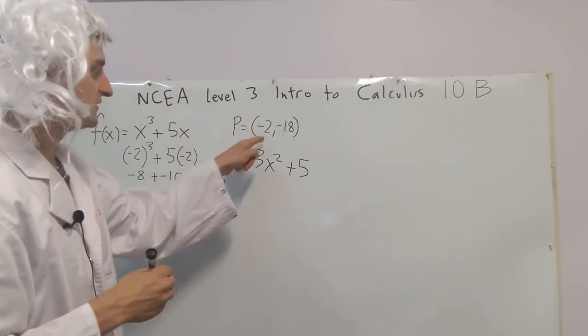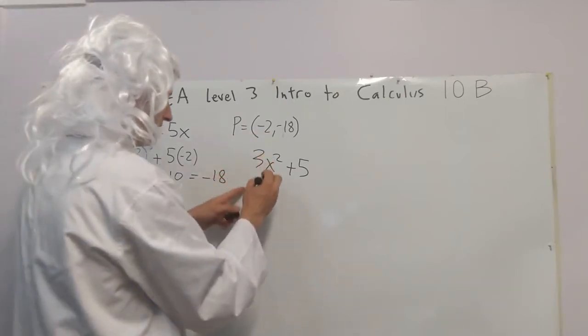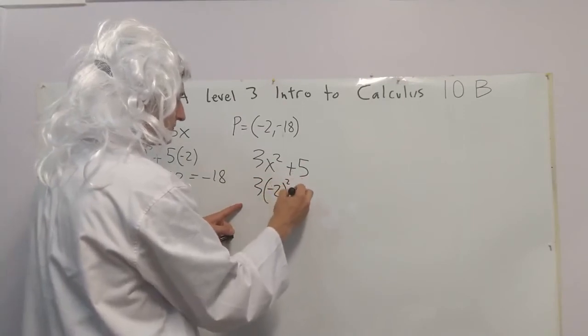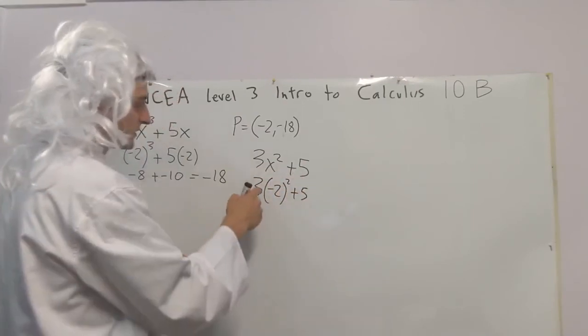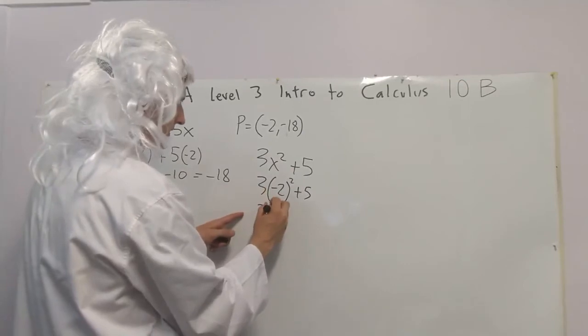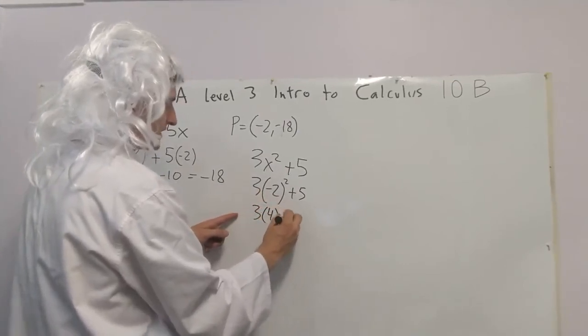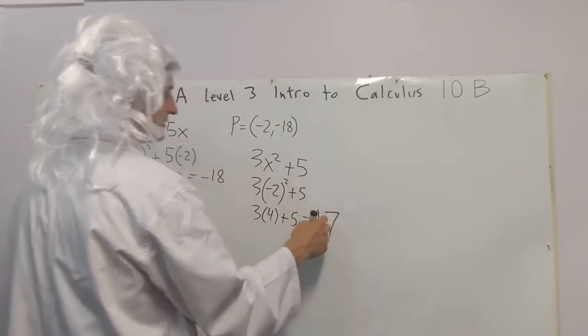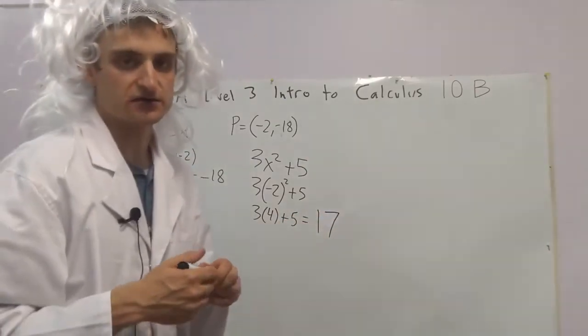Then we plug this -2 in for x. So that becomes 3 times -2 squared plus 5. 3 times 4 plus 5 equals 17. 17 is our gradient.